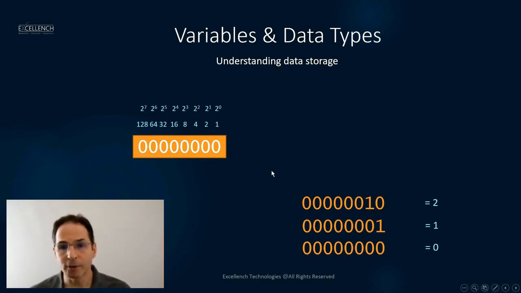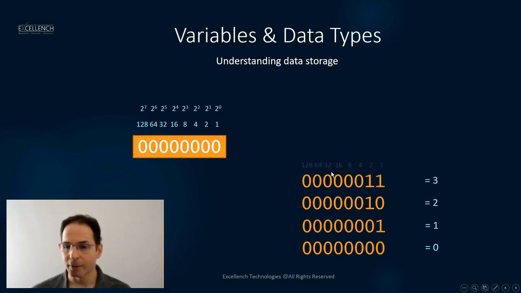If we follow this rule, the number 3 is now represented by turning on bit number 1 and bit number 2. Bit number 1 represents the number 1. Bit number 2 represents the number 2. We add those 2 together and we get a 3.